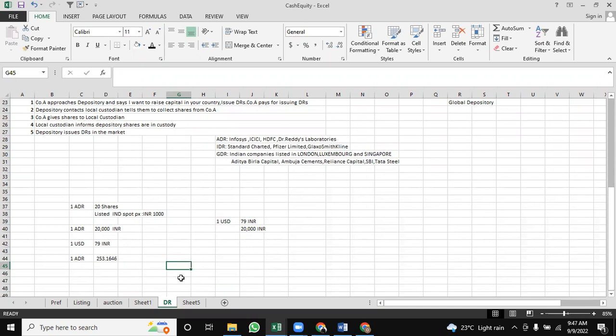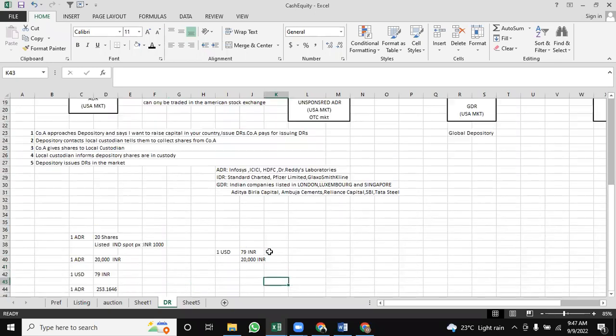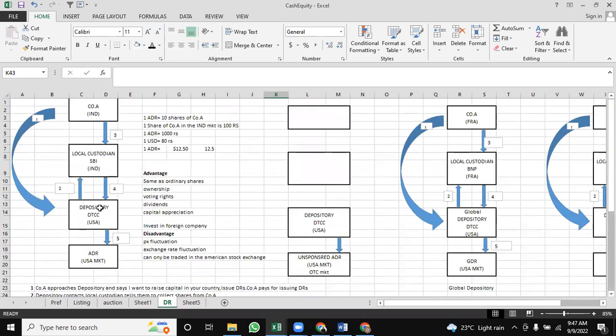Next question. Ma'am, sponsored ADR, please. What's so confusing with sponsored ADR, right? The company pays the depository to issue the ADR in the US market, because they want to raise capital in dollars. The depository contacts a local custodian where the company is based and tells them to collect the shares from the company.